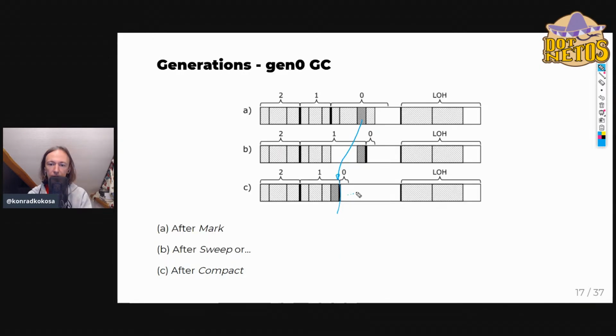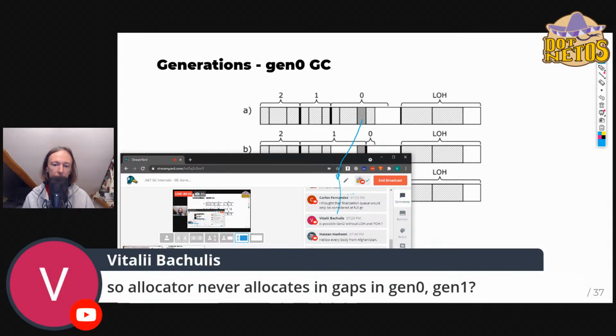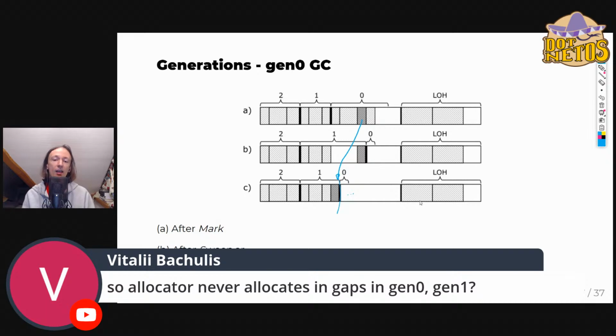I see some question. Let's just look at this question. The question is whether the allocator allocates in gaps in Gen 0 and Gen 1. In this ideal scenario, we will not be allocating in Gen 0, but the Gen 0 allocator is used for finding allocation contexts.